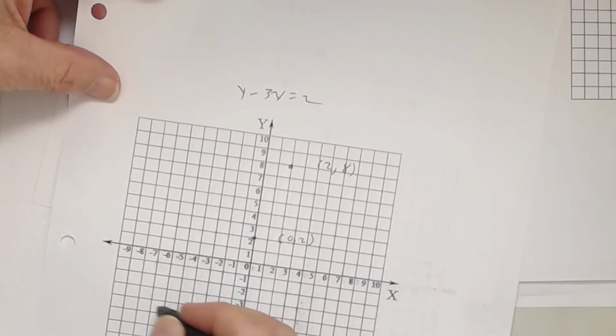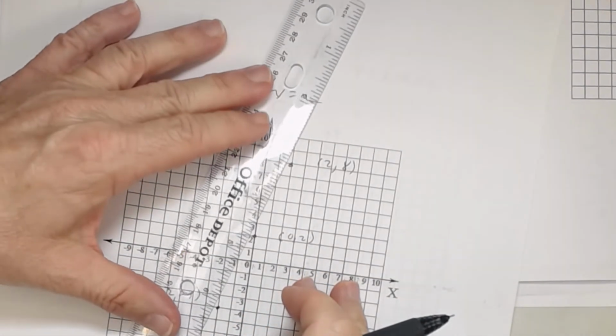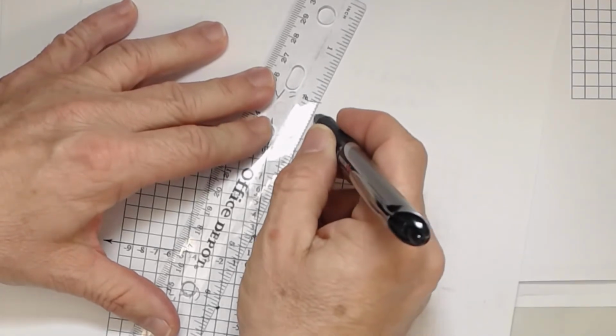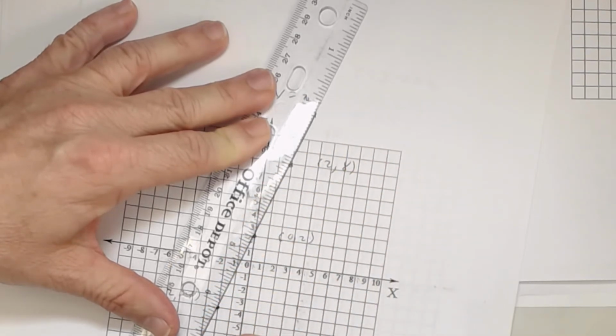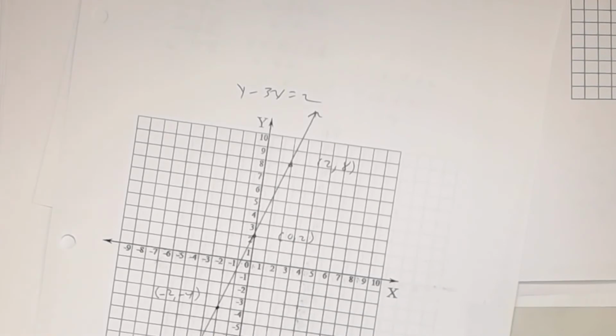And remember, they have to be collinear, so you make sure they lie in the same line. Now remember, when you graph a line, you graph in the solutions, and there are an infinite number of solutions. You're going to use those 3 you just found to help you graph the others. Okay?